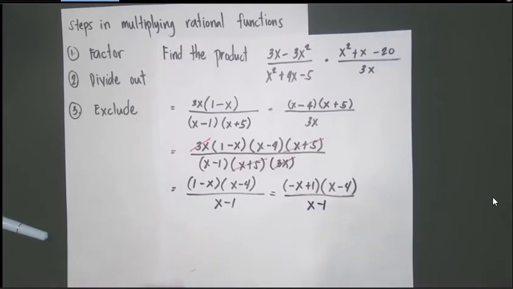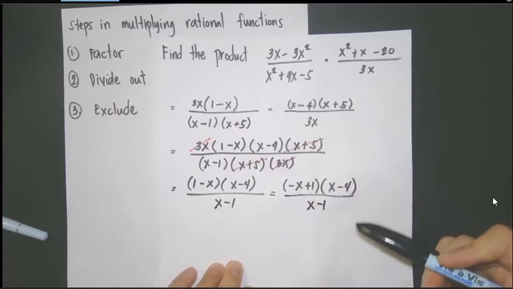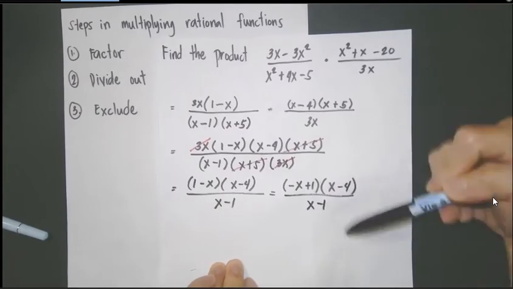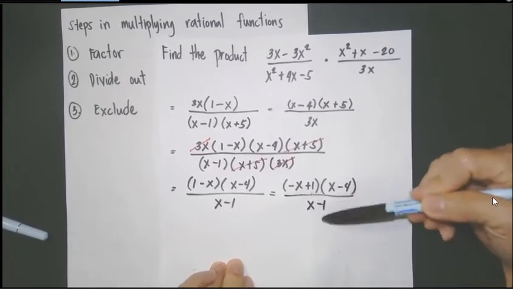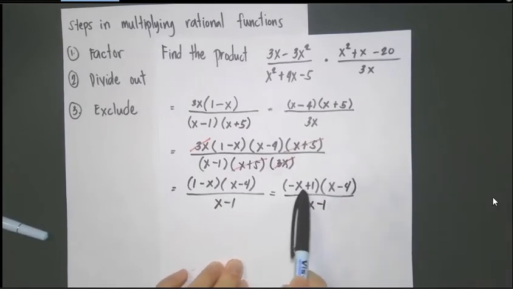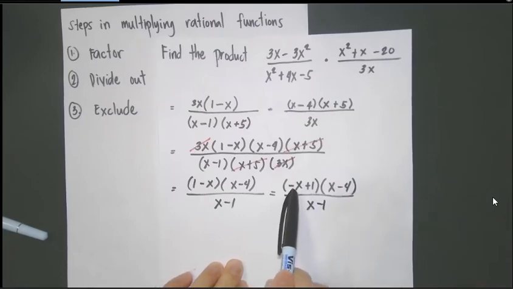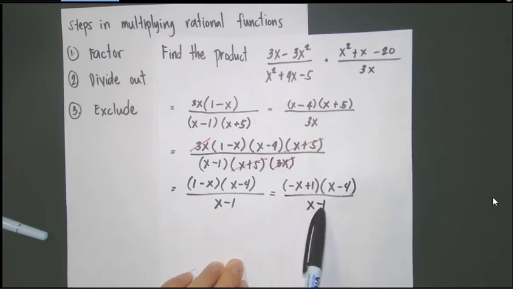Negative x plus 1 and x minus 1 are somewhat similar. The only difference is their signs. If you encounter this case, we can change the sign of x and the positive 1. Now, why are we doing that? Because you want to cancel out those two.